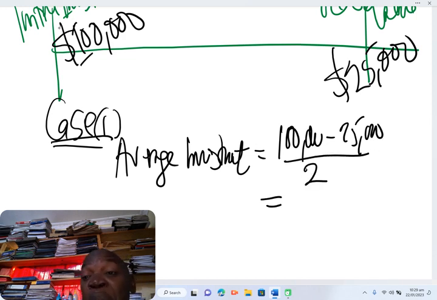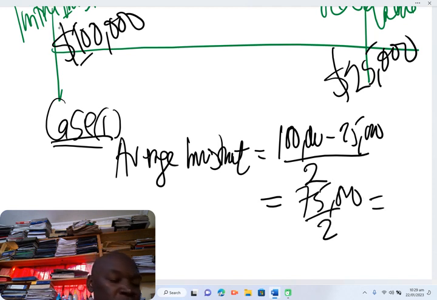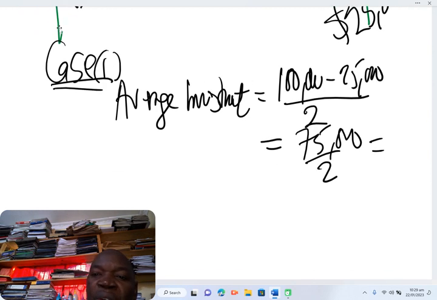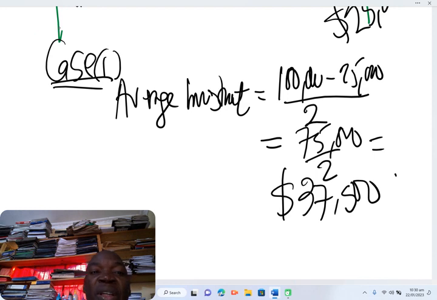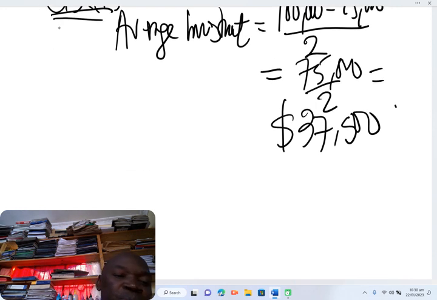As I said, there is a theory formula being used for this method, which is an arbitrary assumption. So this is 75 divided by 2, which is $37,500.